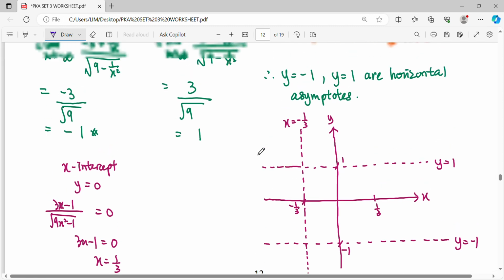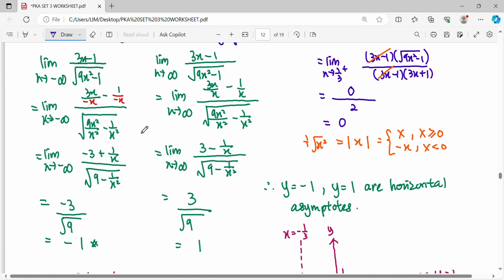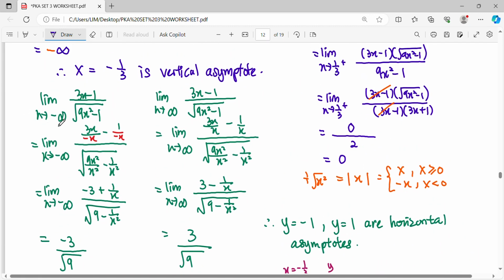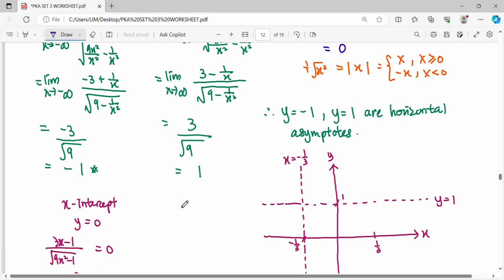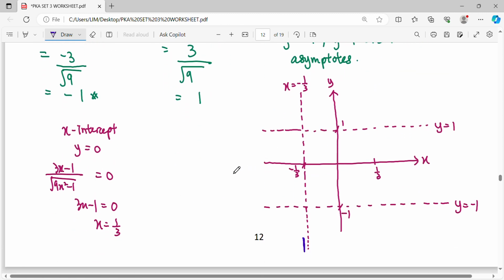So how about horizontal asymptote? When your x approaches negative infinity, your function approaches negative 1. Means, when you go as far left as possible, your function approaches negative 1. So up here or here? So we already noticed you have one side here. So of course the curve will be.